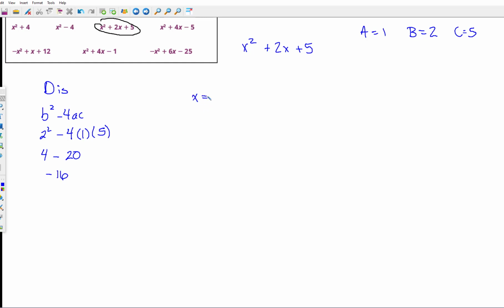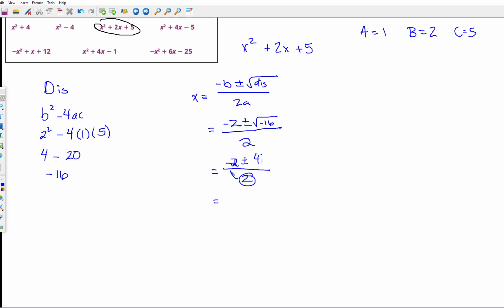So when I go over to my formula, negative b plus or minus the square root of my discriminant divided by 2a. So negative b is opposite of b, so negative 2, plus or minus the square root of my negative 16 divided by 2 times a, which is 1. The square root of negative 16 is 4i divided by 2.